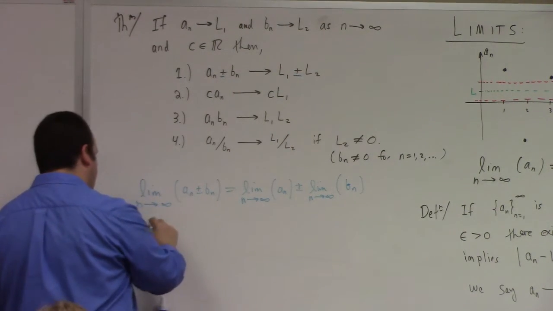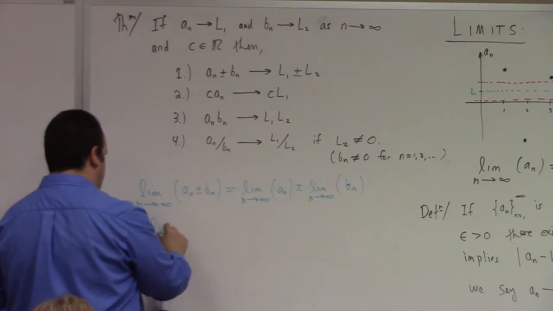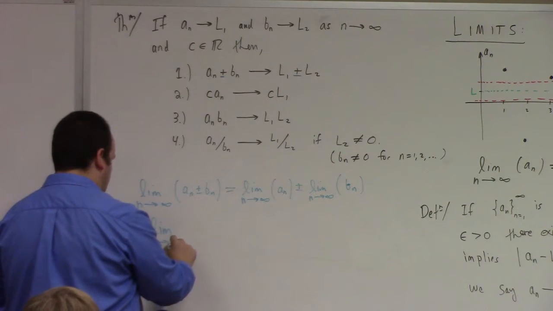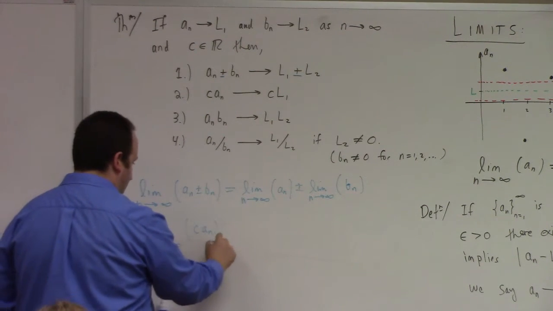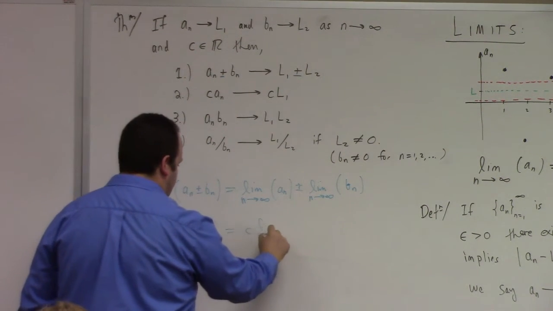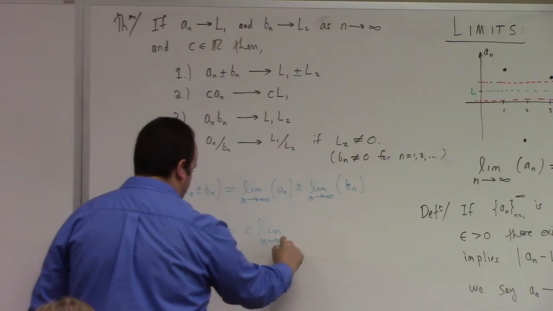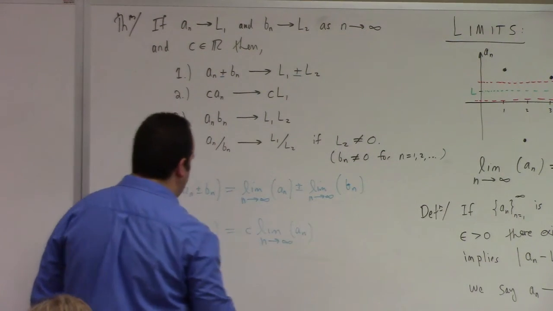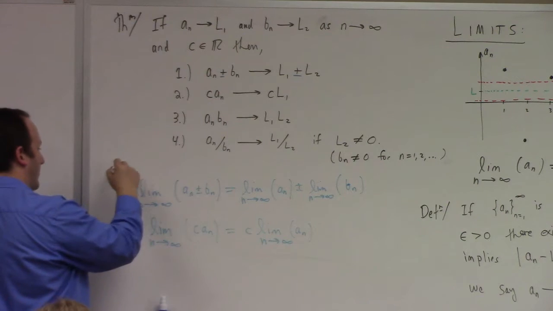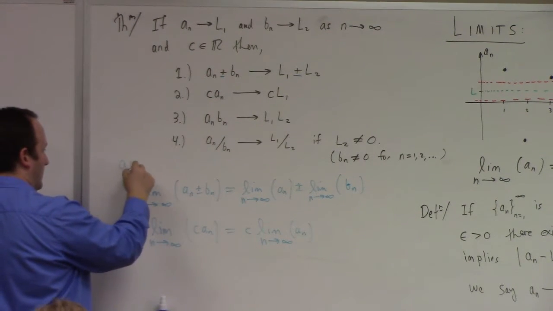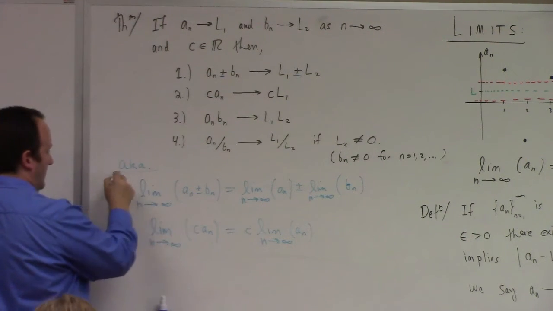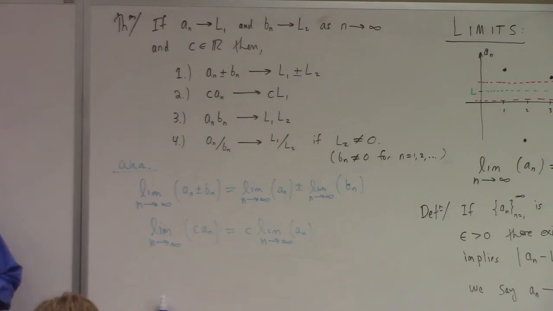Number 2 in the limit notation looks like this. Number 2 says you can pull constants outside limits. I can only make those steps if what? The fine print at the top matters. I need to know that the limits exist in order to make these steps.